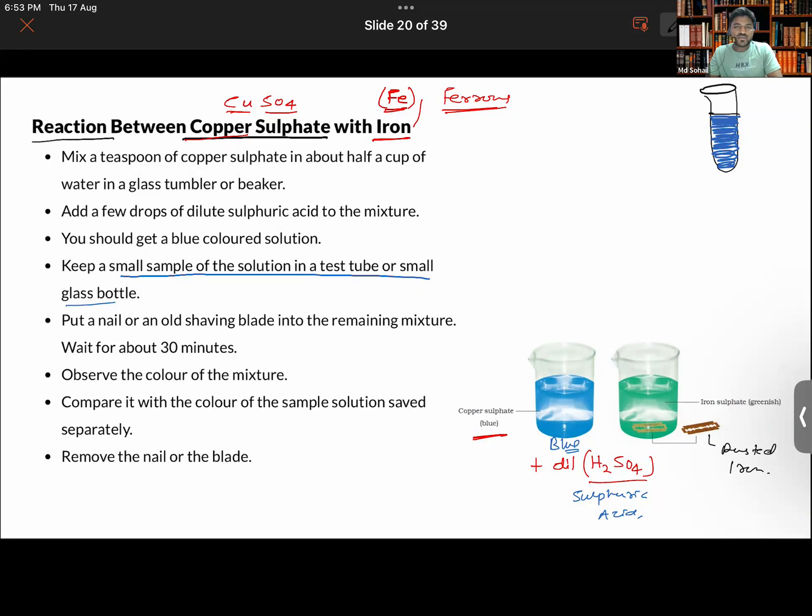You will put it in for 30 minutes. Now observe the color of the mixture. Hasn't it changed over here, guys? The color of the solution has obviously changed. It has become greenish in color. So what observation can be made here?